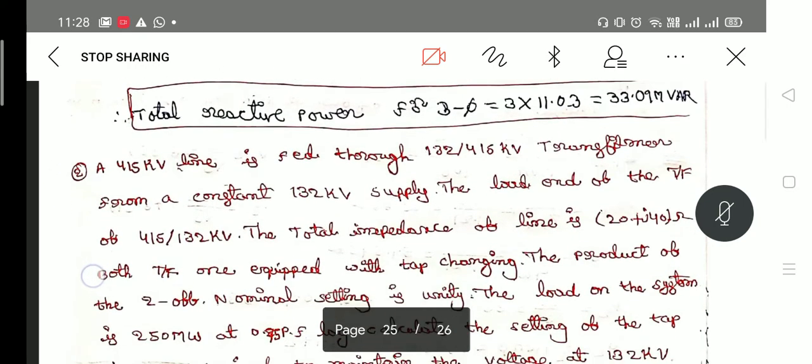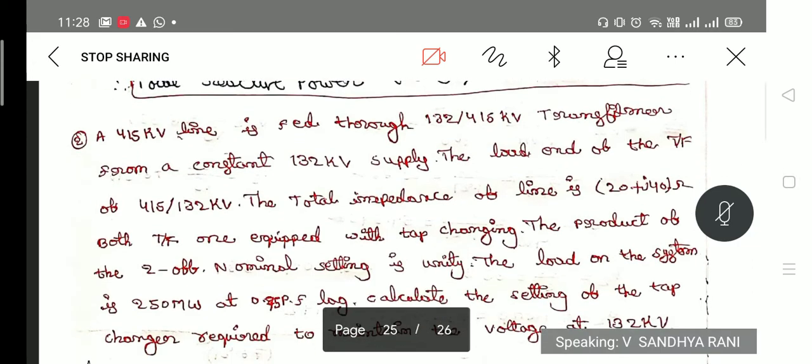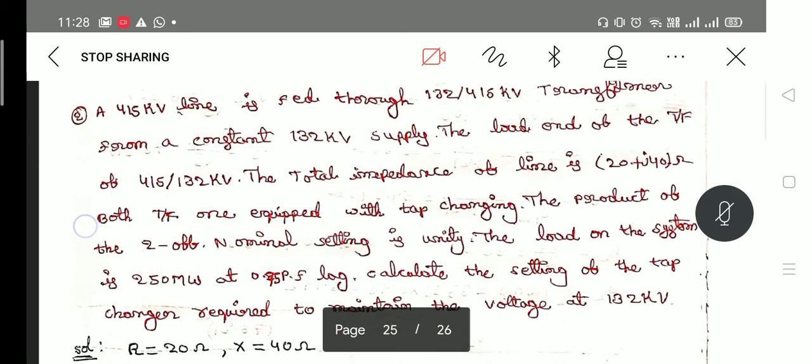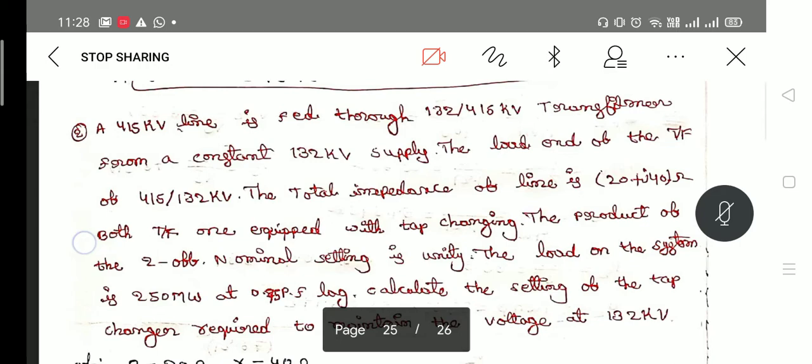Okay, next type of model is a 415 kV line fed through a 132 by 415 kV transformer from a constant 132 kV supply. The load end of the transformer is 415 by 132 kV. The total impedance of the line is 20 plus J40 ohms.